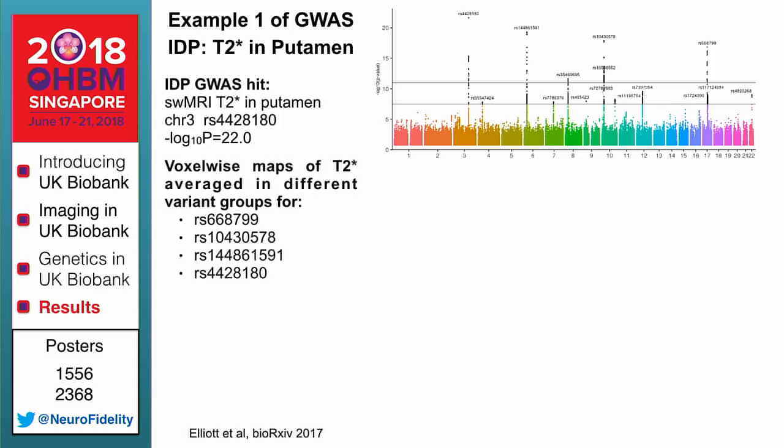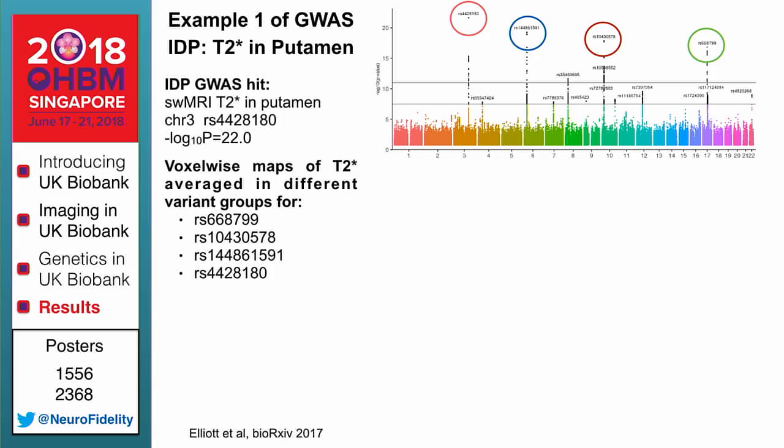But in the same GWAS, we saw that there were another 3 SNPs that were very highly correlated with that IDP. Those are what we call the cluster of SNPs, the 4 SNPs that are highly correlated.